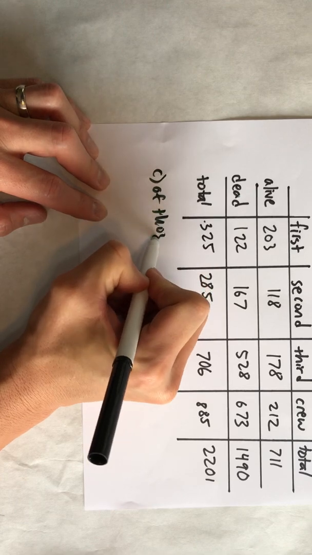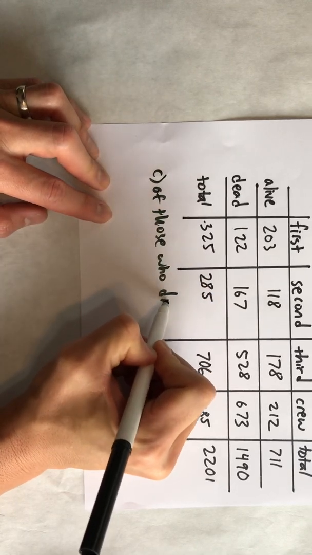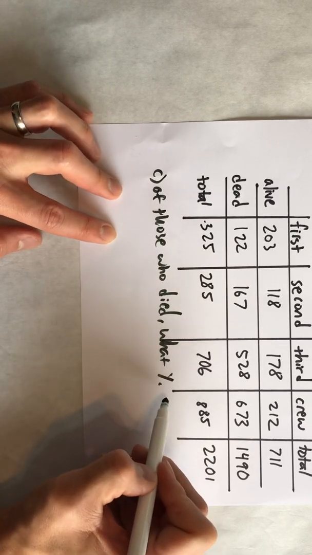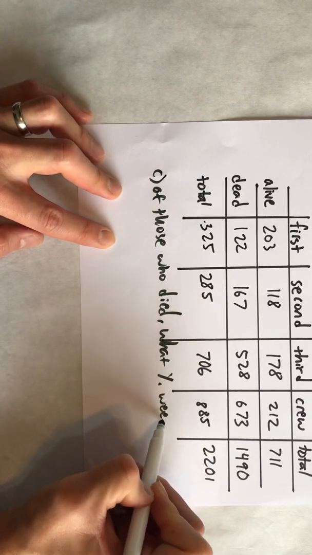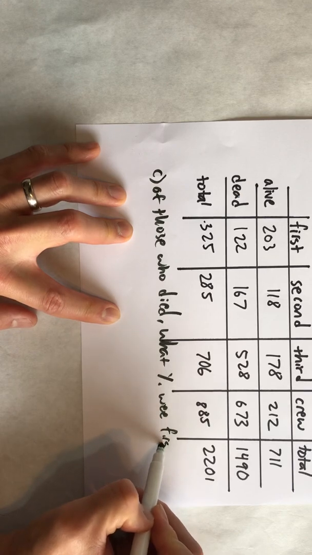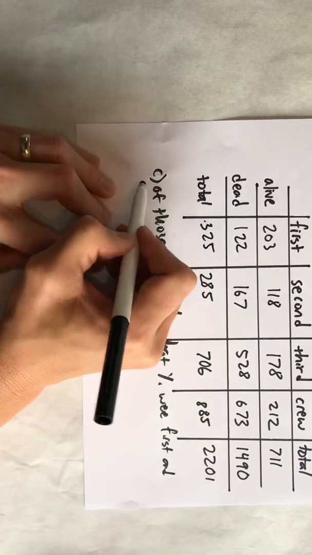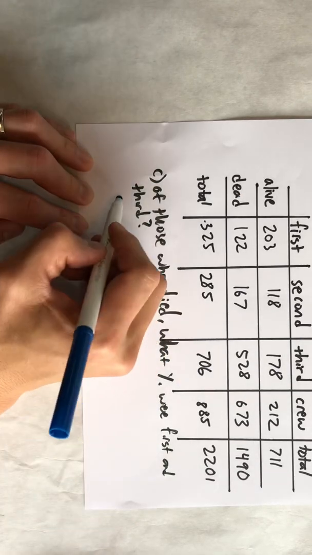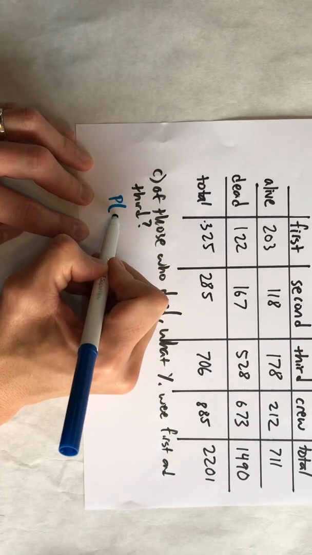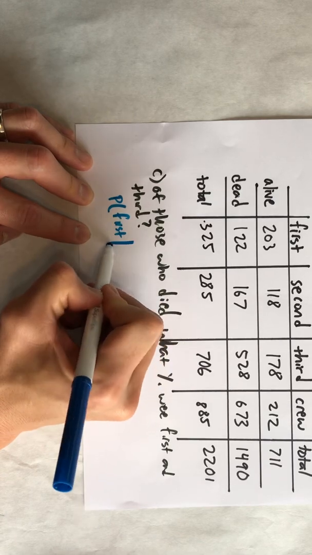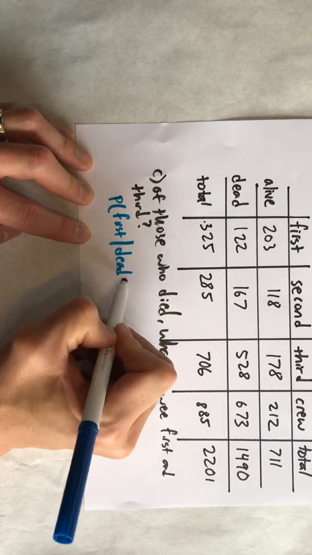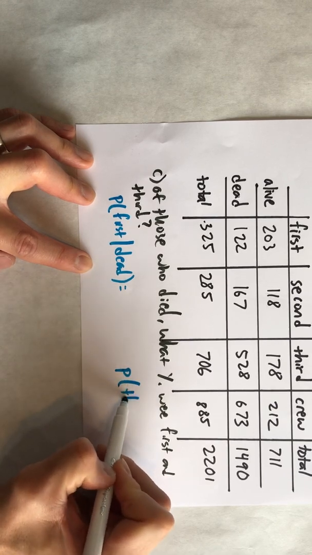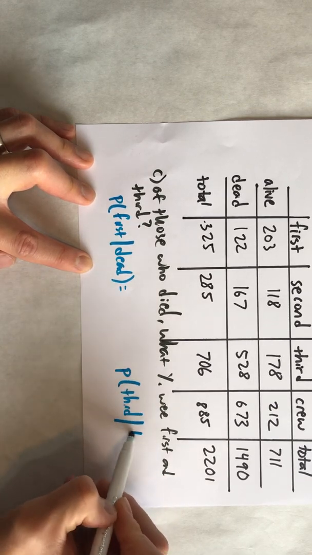Of those who died, what percent were first and third? Let's just do those together. So the probability of first, given that you were dead, and then the probability of third, given that you died.